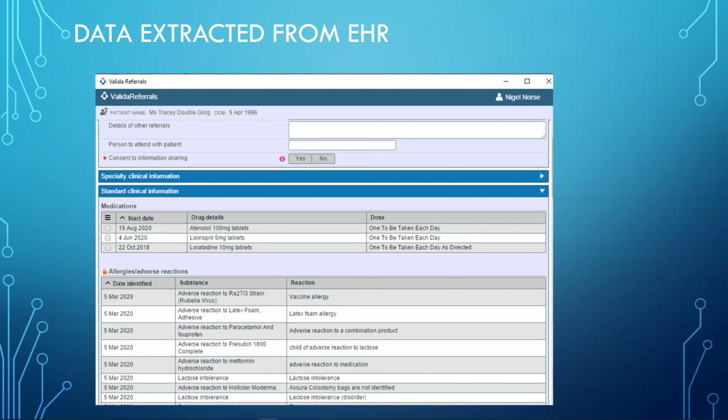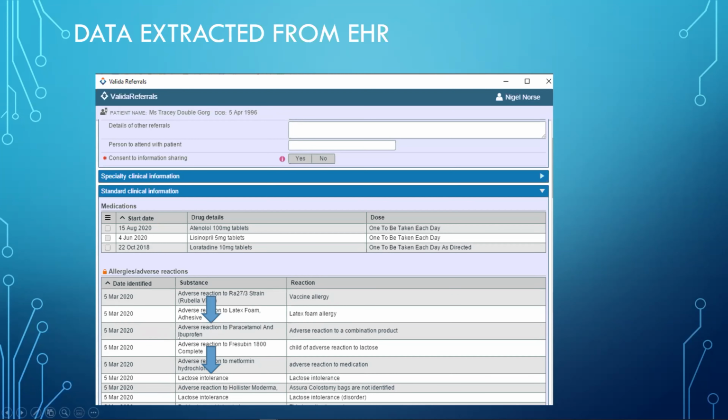And in fact, latex foam allergy is also another instance where those were not being brought through by the API in the way we would anticipate, or we were being told by the providers it would be. So the use of value sets again has been extremely useful, built around SNOMED CT and the ontology. So there we go, lactose intolerance.